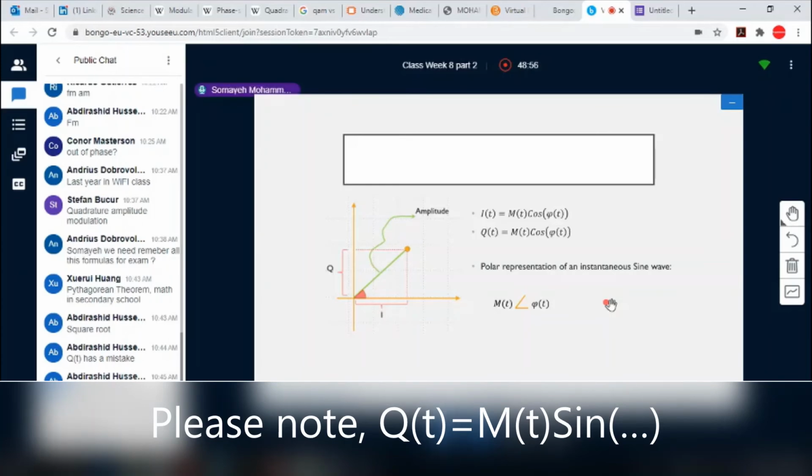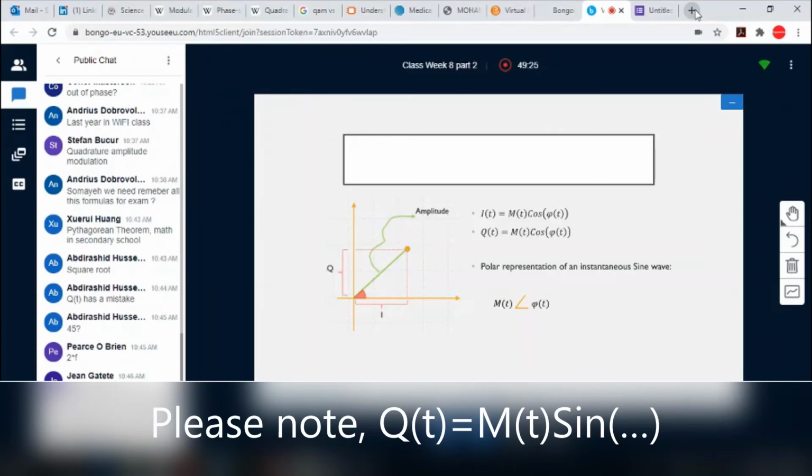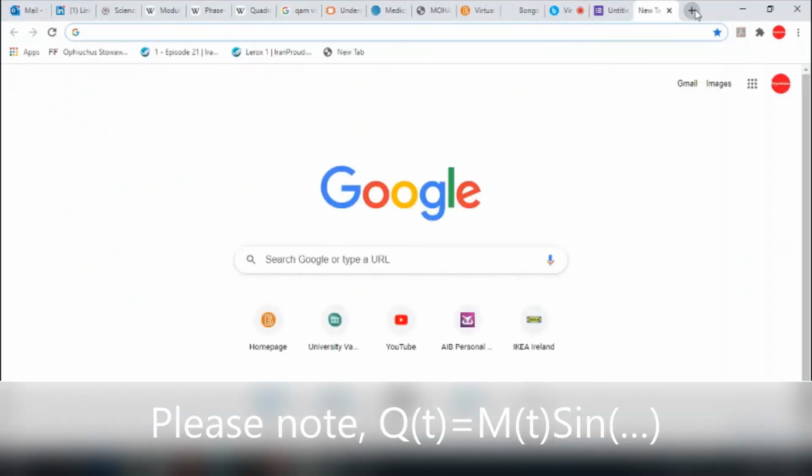Well, Abdul Rashid is saying 45. What do other people think? Yeah, use the chat box. Take your time, I'm waiting.